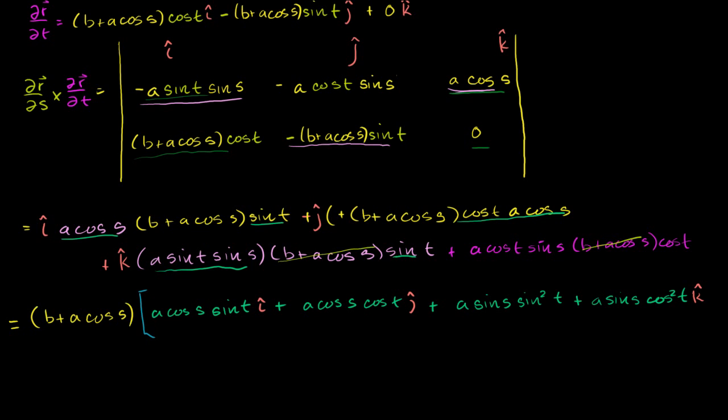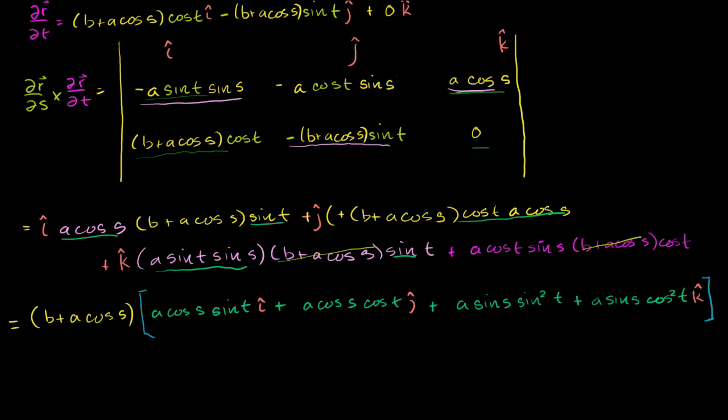And so things are looking a little bit more simplified, but you might see something jump out at you. You have a sine squared and a cosine squared. Somehow if I can make that sine squared plus cosine squared of t, those will simplify to 1. This is all algebraic manipulation.